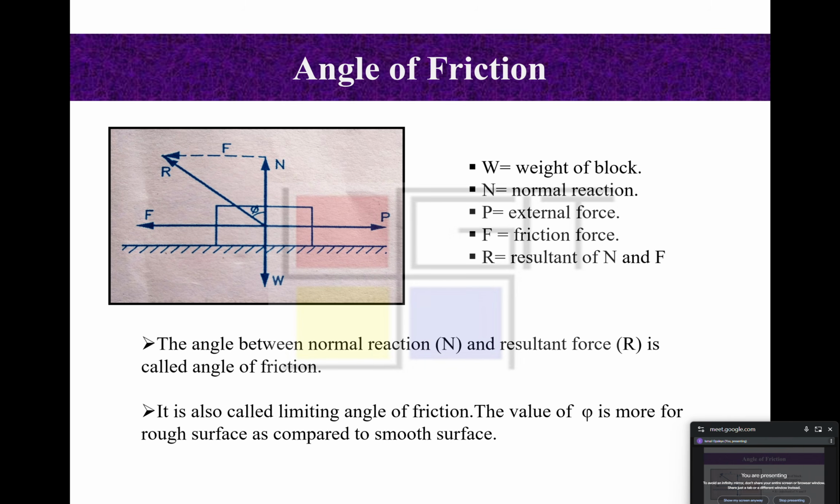So we continue quickly. In angle of friction, we've already explained this one. This P, we are using P here as the force that is pulling the body this way. You must be able to differentiate pull from push.